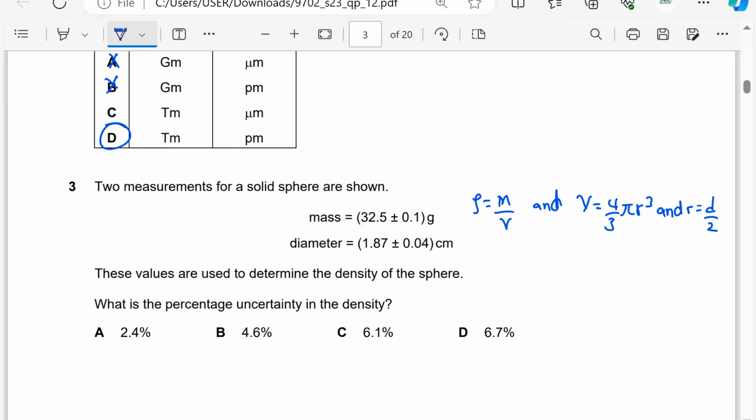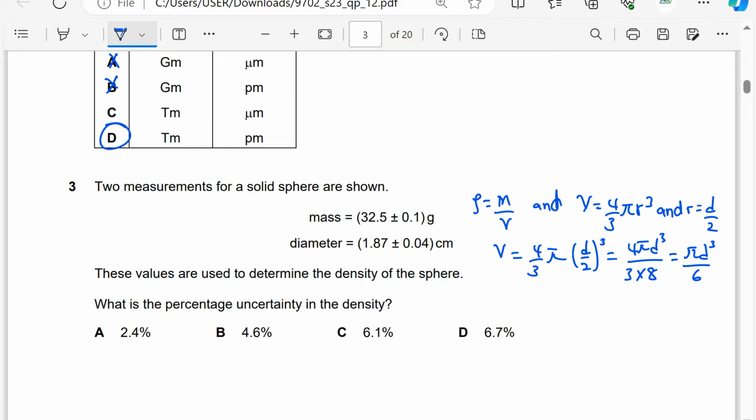So I just substitute. So the volume is going to be 4 over 3 pi, where there is r, I'm putting d over 2. So this is d divided by 2, but it's raised to power 3. So this becomes 4 pi d cubed divided by 3 times 2 power 3, which is 8. 8 cancels with the 4, and this remains pi d cubed divided by 6.